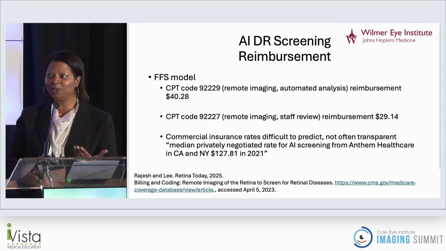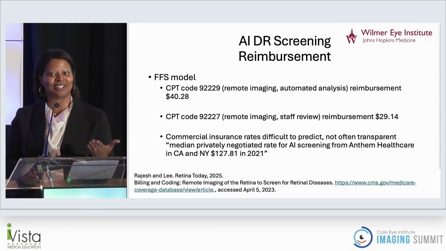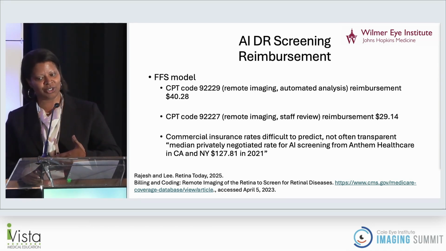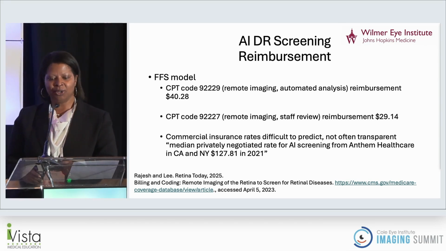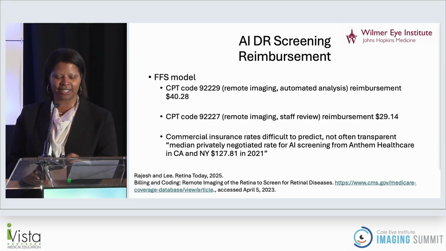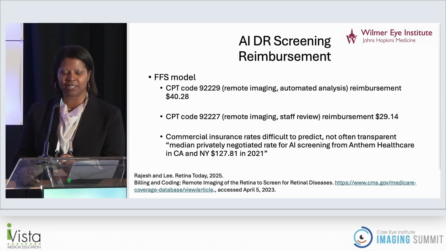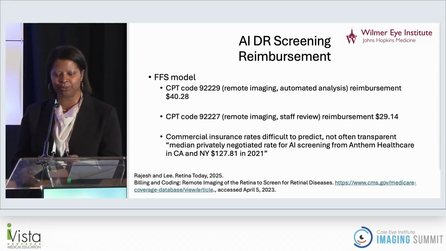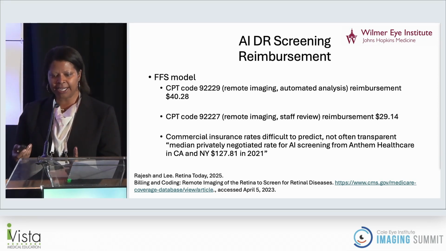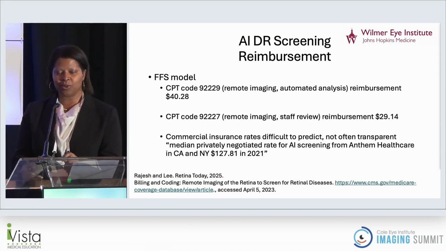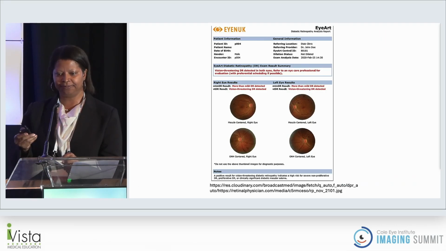So they'll actually pay more to have a machine do the interpretation than to have the actual clinician do it. The commercial insurance rates are difficult to predict. These are Medicare rates taken from the references below. Commercial insurance rates do tend to follow Medicare, but they're difficult to predict. Approximately, AI screening can be as high as $127, at least it was in 2021.